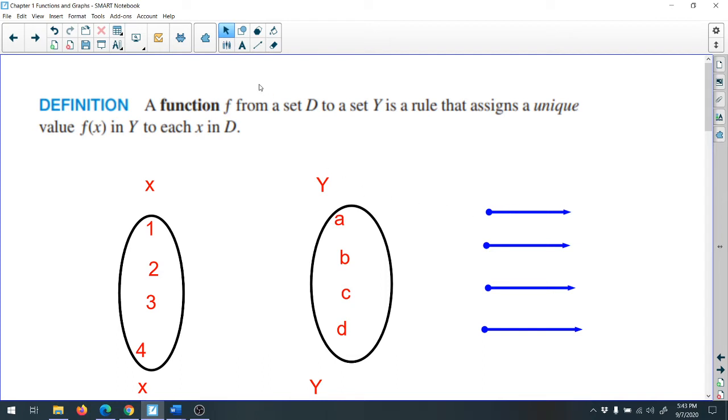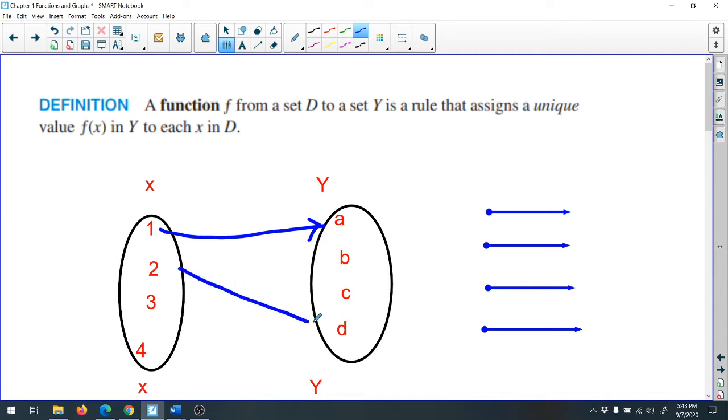Say we have a relationship between x and y, where 1 takes A, 2 takes D, 3 takes B, and then 4 takes C. 1 and A, 2 and D, 3 and B, 4 and C.